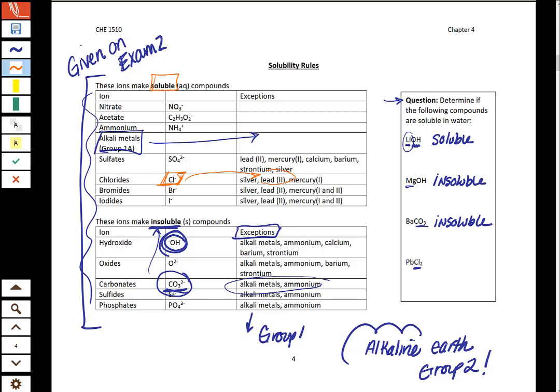So lead is indeed an exception, which means that you take the idea that chloride makes soluble compounds, and if lead's an exception, you flip this from soluble to insoluble. If you want to tack on one more example, something like barium chloride, that would be soluble because chlorides tend to form soluble compounds. Barium is not an exception.